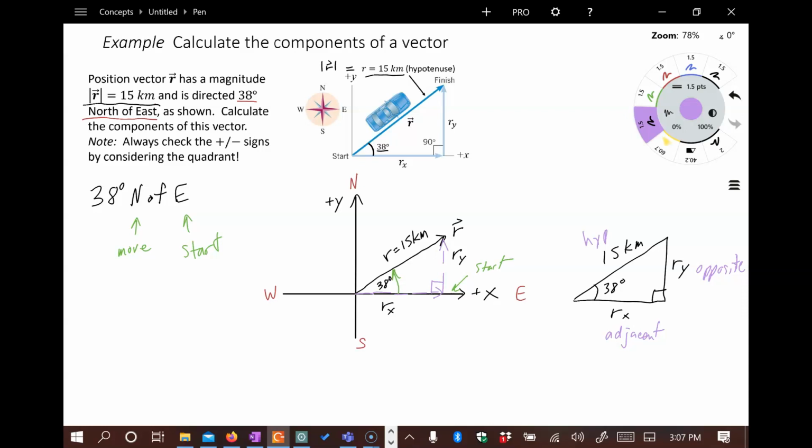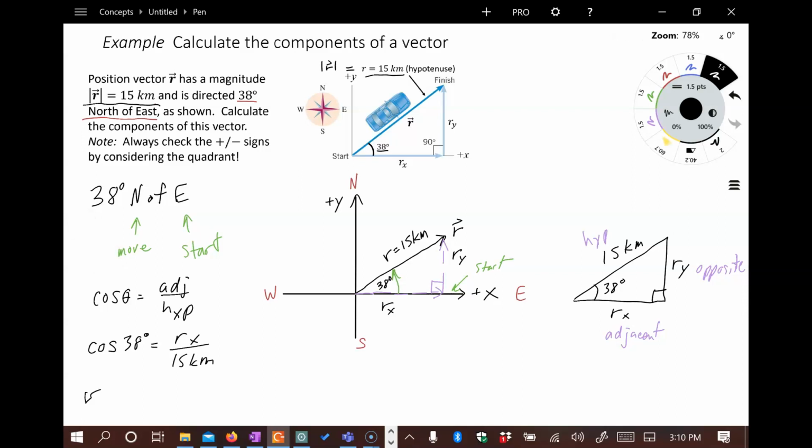We know that for trig, the cosine function is defined as adjacent over hypotenuse, right? Looking at our triangle, we see that for cosine of the angle 38 degrees, the adjacent side is Rx, and the hypotenuse is 15 kilometers.